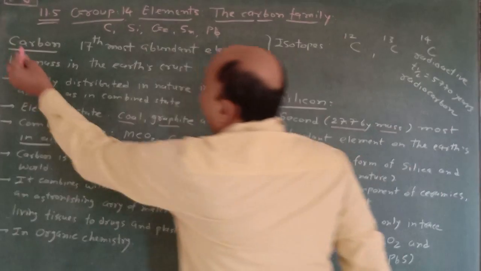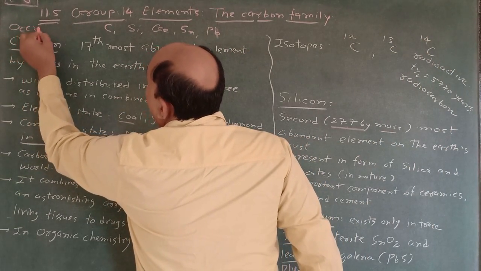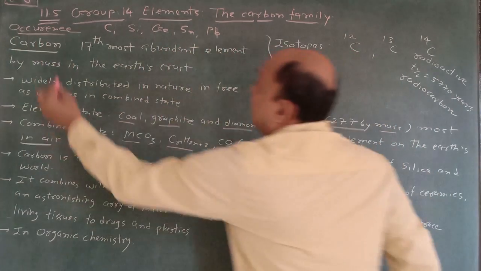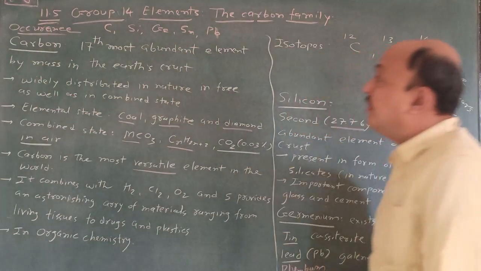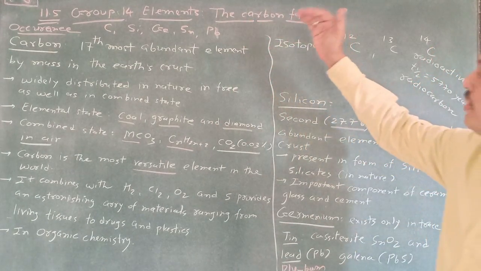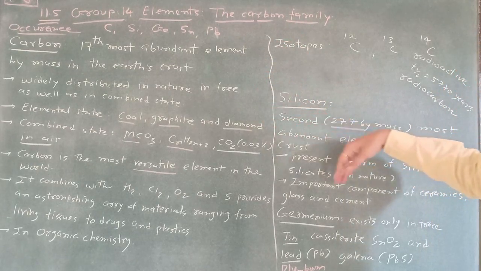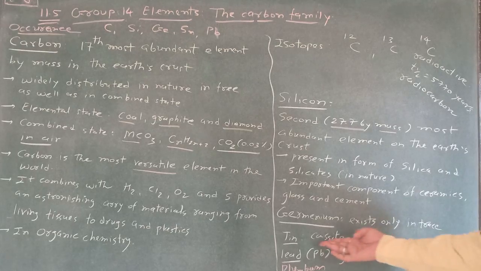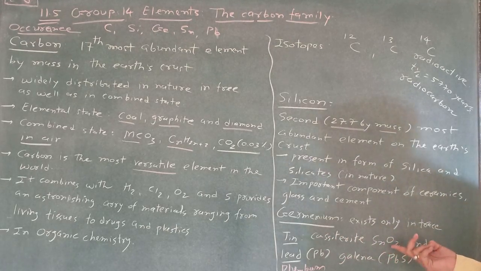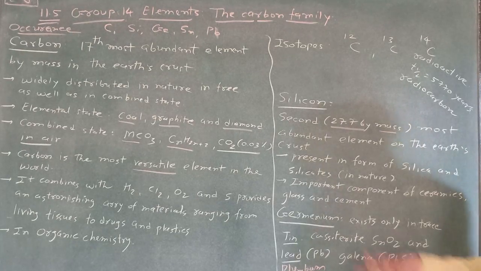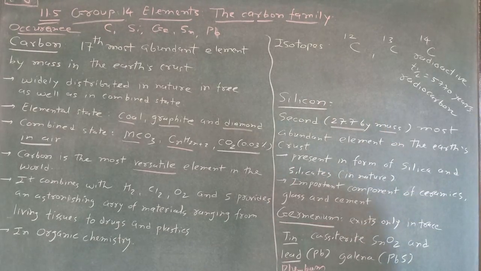Carbon, silicon, germanium, tin, lead are important. Cassiterite is SnO2 and galena is PbS. You must know this, and it is very important. So write it completely according to your NCERT textbook.